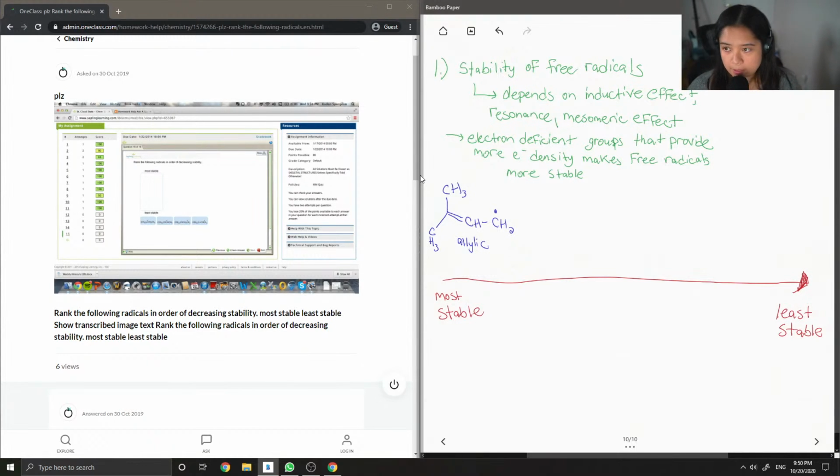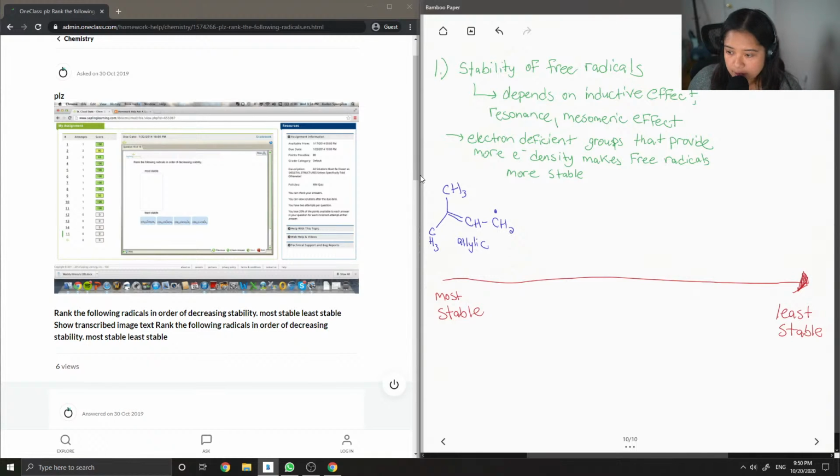So basically allylic radicals are when your free radical carbon is connected to a carbon that is double bonded, and this is the most stable out of the 4.